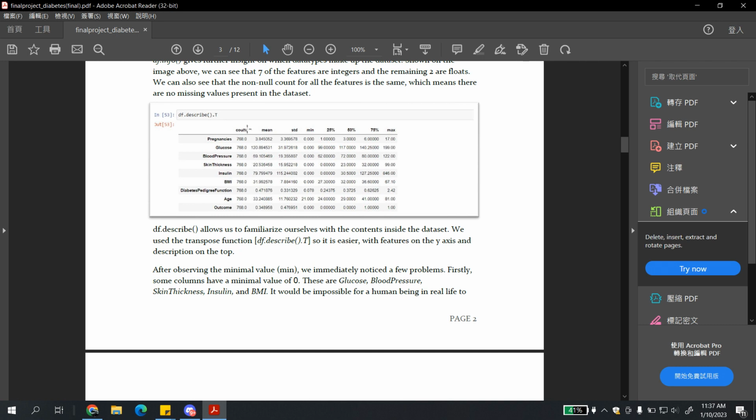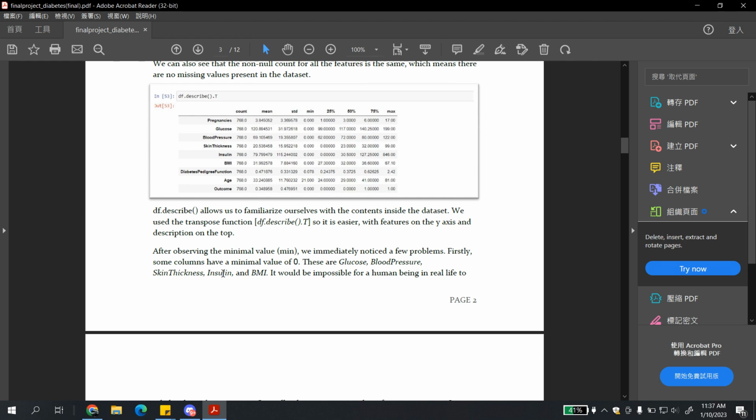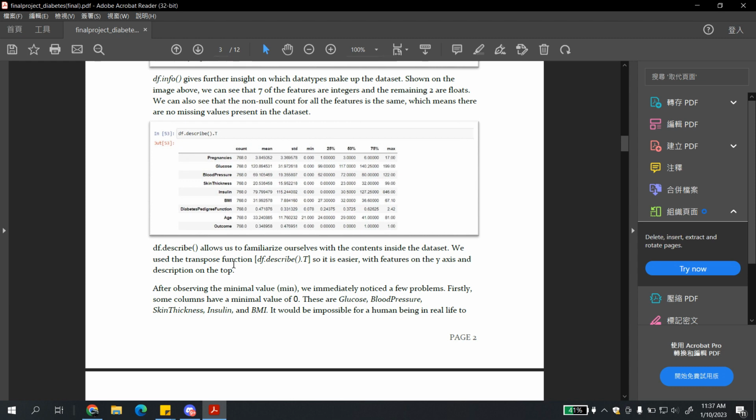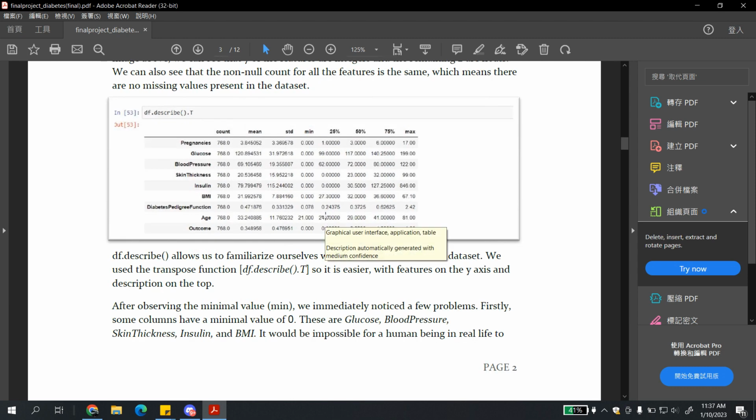What this does is it gives the quantity, average, standard deviation, minimal value, the lower and upper quartile, and the maximum value. Pretty clear. Regarding the contents inside, here we have a problem.